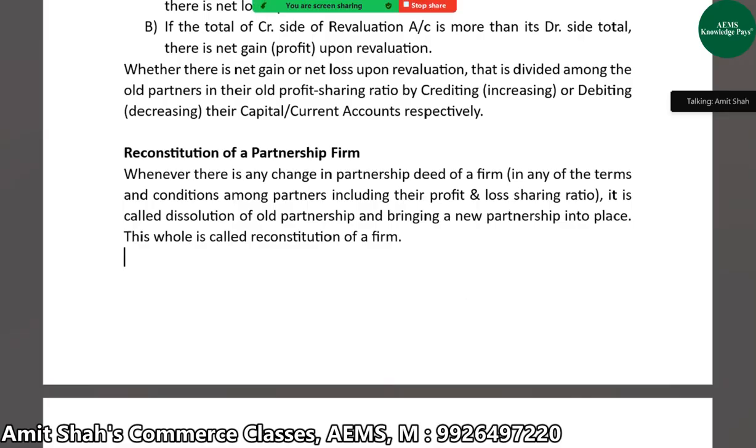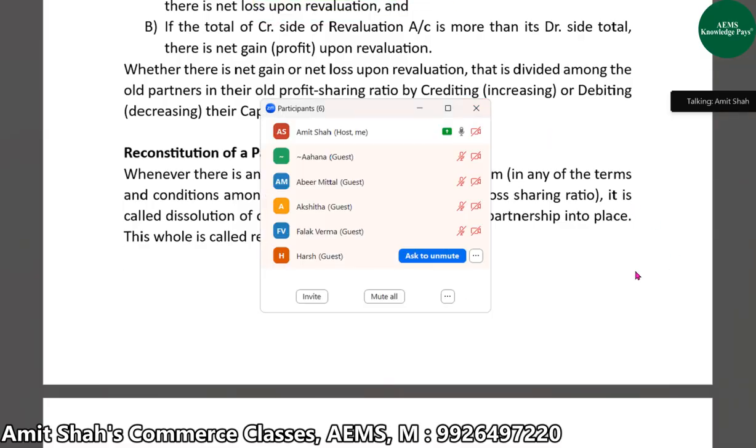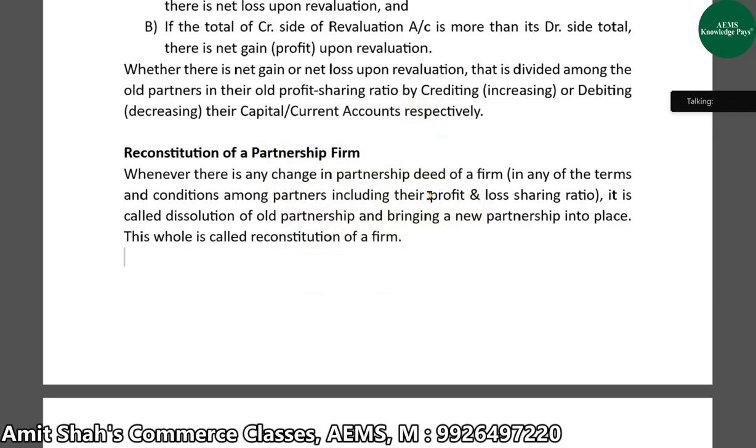Have you all understood this, guys? Yes, sir. So whenever there is any change in partnership deed, even in one single point, it means there is reconstitution of that firm. Note down this, guys, first.